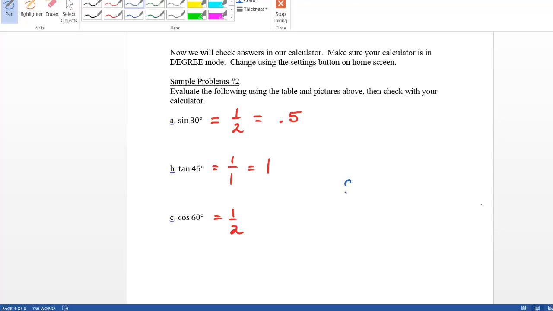But take a look at this. This is an important relationship that you're going to come across a lot more later. Notice that the sine of 30 equals the cosine of 60, and there's a special relationship there that I want you to take note of. So play around with your calculator a little bit, test those trig functions, switch between degree mode and radian mode to see the different types of answers that are given to you, and get a feel for that.